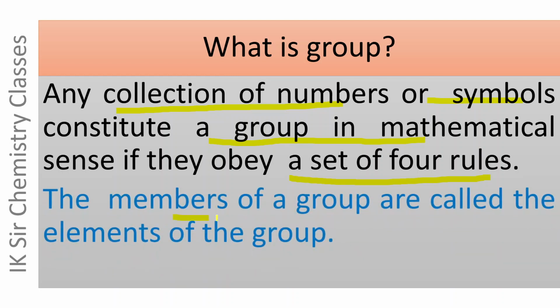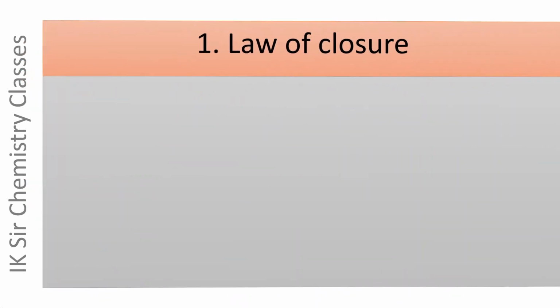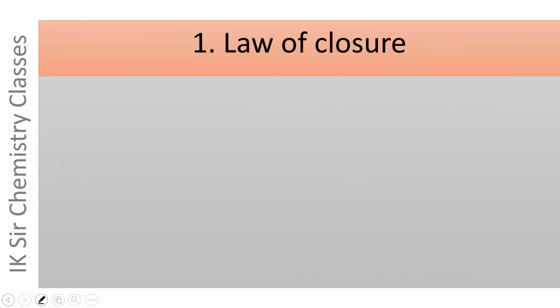The members of a group are called the elements of the group, and these four rules are discussed one by one. The first one is the law of closure.